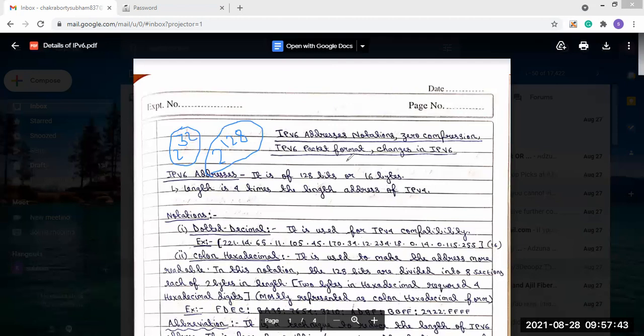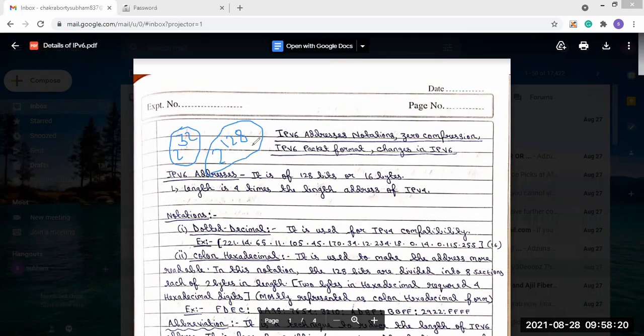Now, what do we have to do? For our ease, we would have to convert all the previous devices using IPv4 addresses to IPv6 addresses. But that is a very time-consuming and difficult process. So we use some compatibility, that means IPv6 devices are made compatible with IPv4 devices. To make this compatibility, we use the dotted decimal notation.